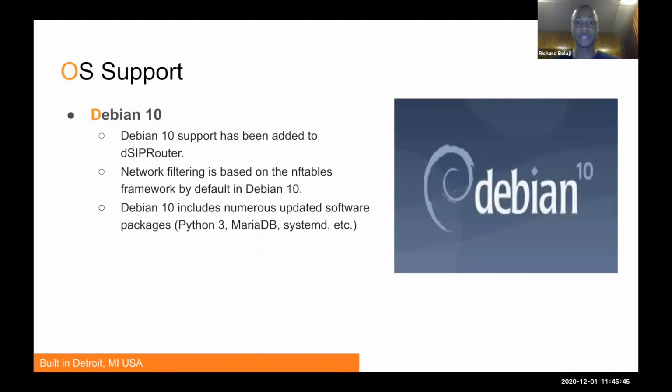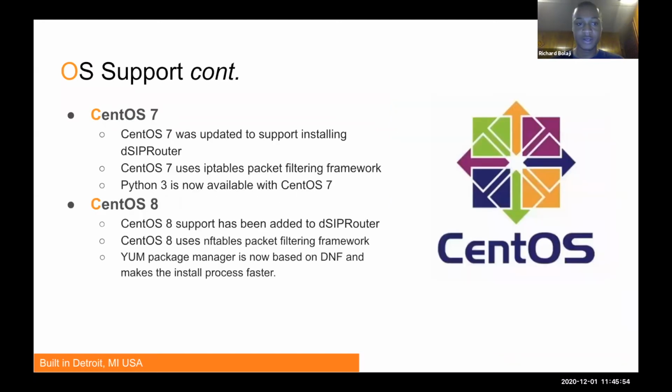Network filtering is based on the nftables framework by default in Debian 10. CentOS 7 uses the iptables packet filtering framework, and Python 3 is now available for CentOS 7. CentOS 8 uses nftables for packet filtering, and the Yum package manager is now based on DNF for CentOS 8, which makes the install process a bit faster.